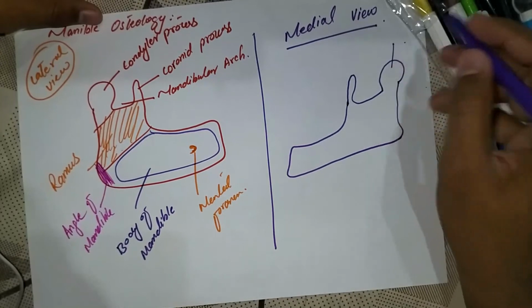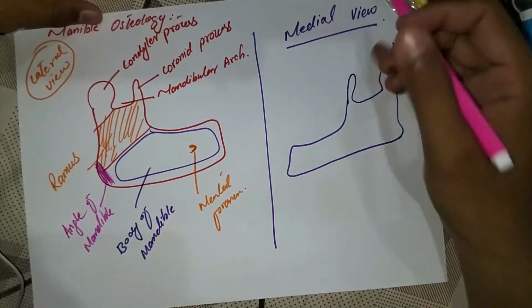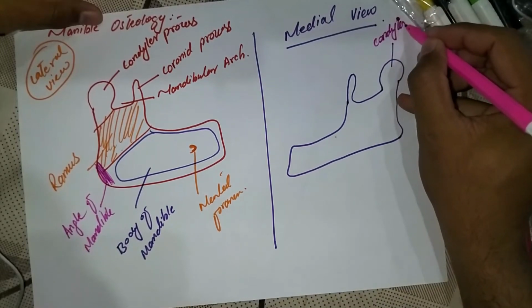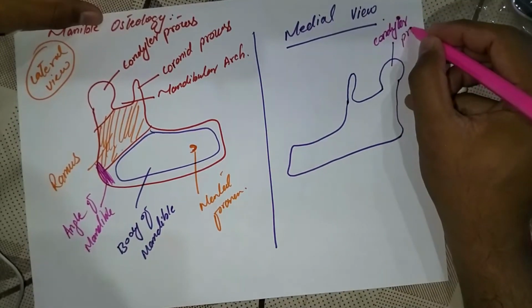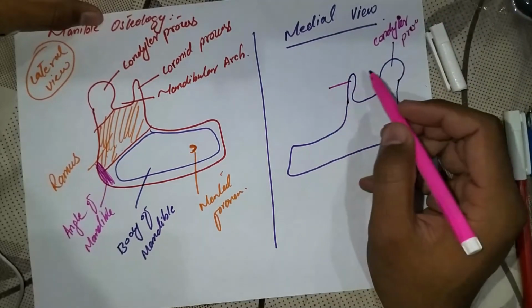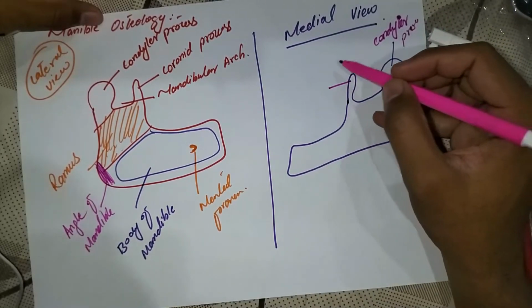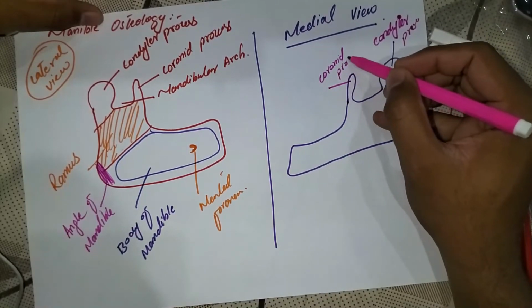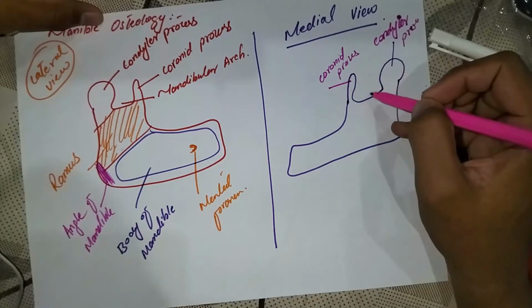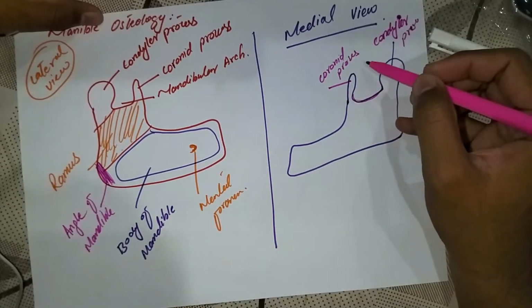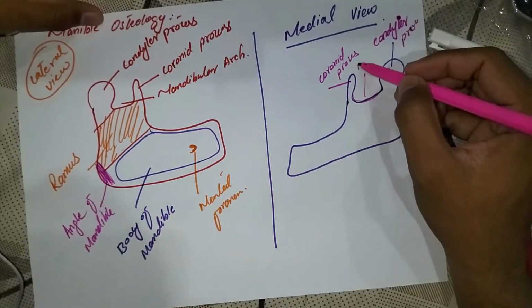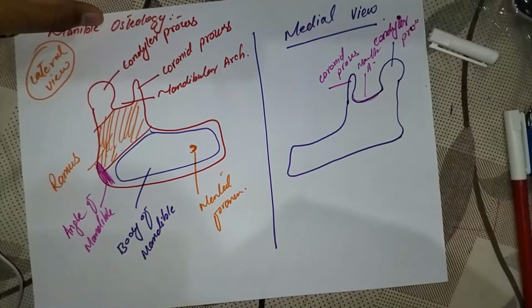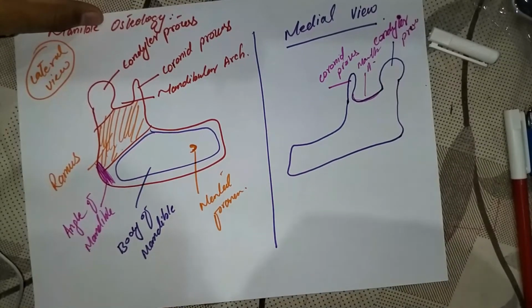This is the condylar process. And this is the coronoid process. And in between the condylar and the coronoid process is the mandibular arch.